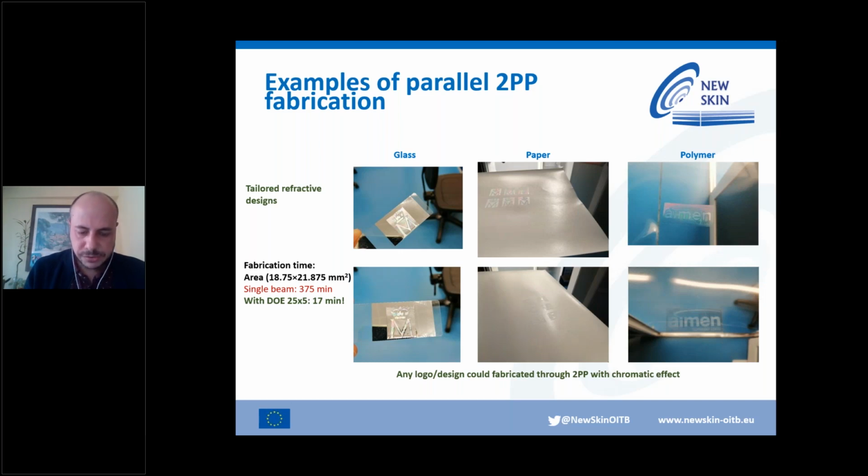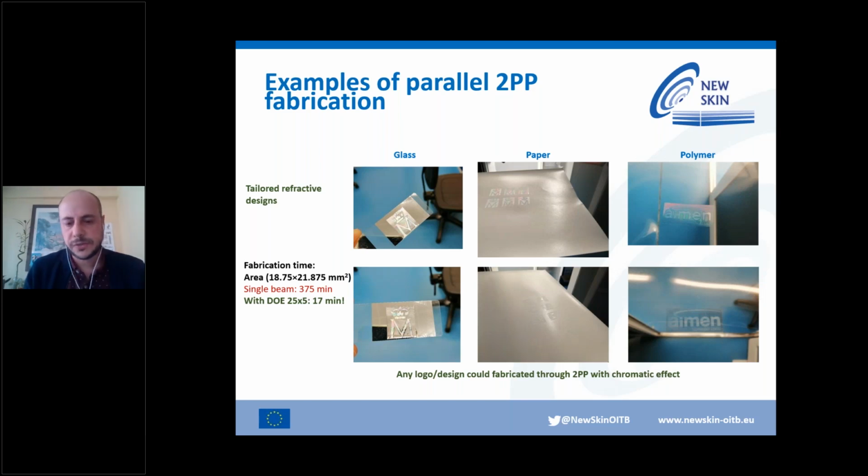The most interesting thing about this approach for fabricating these logos or designs, or anything that you want, is that changing the logo from the first piece to the second can be done without any problem within a matter of seconds. You just have to flash a different image.